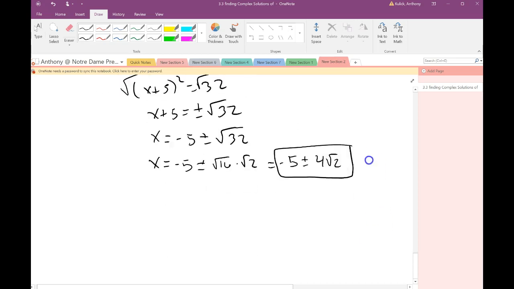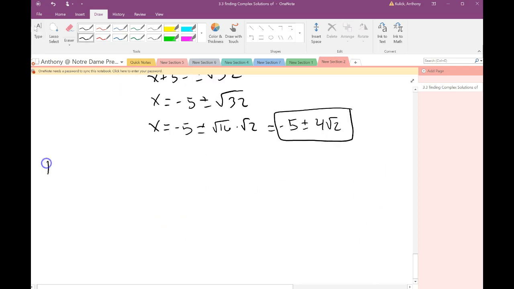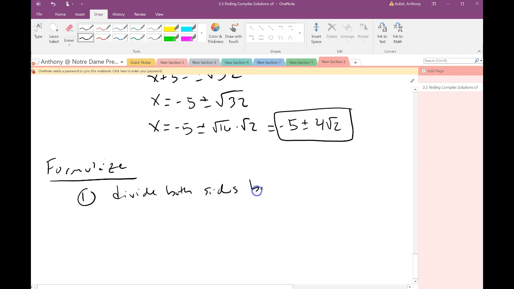Now let's kind of formalize this completing the square step. So let's make this a procedure that we just follow. Step 1, we'll divide both sides by a.